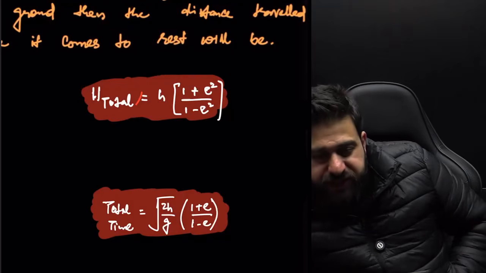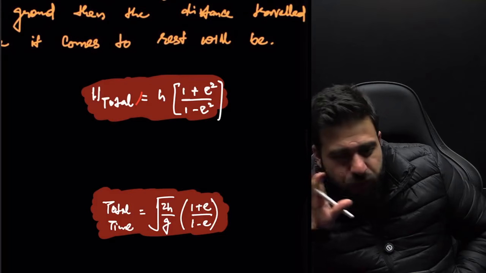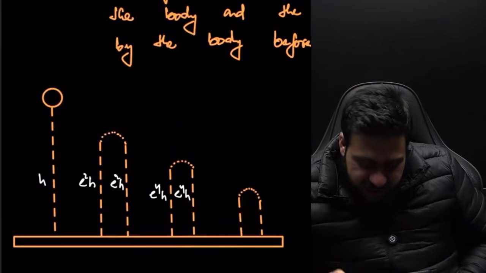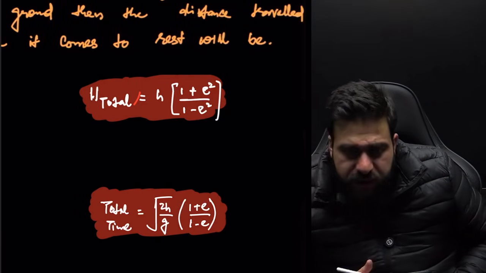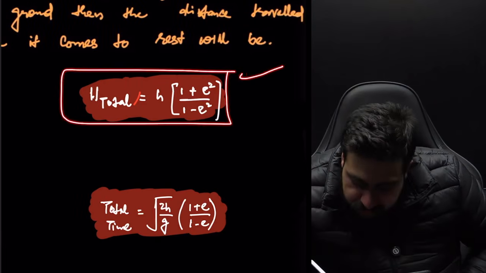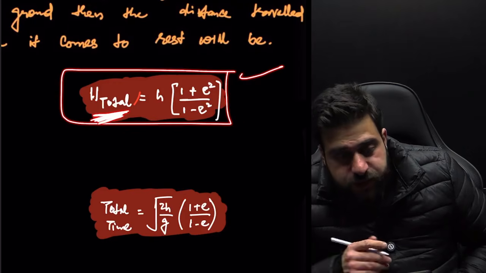It will form a GP series. You don't have to solve it. You're adding these heights, this plus this plus this, and so on. But I want you to directly remember this. This is the total distance covered after n collisions.